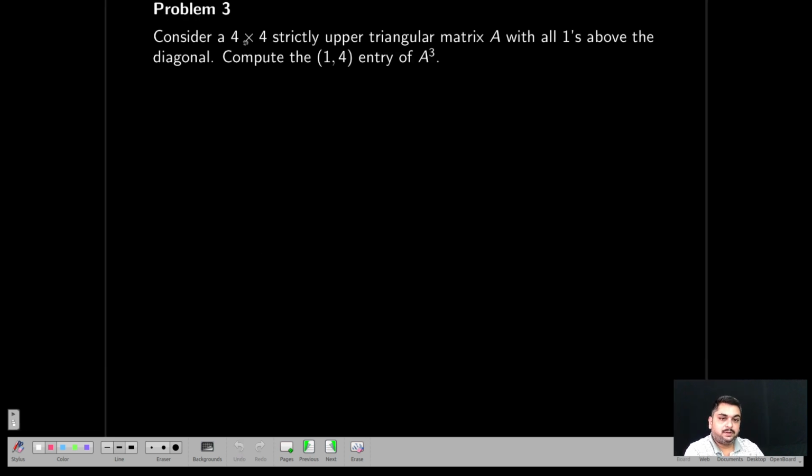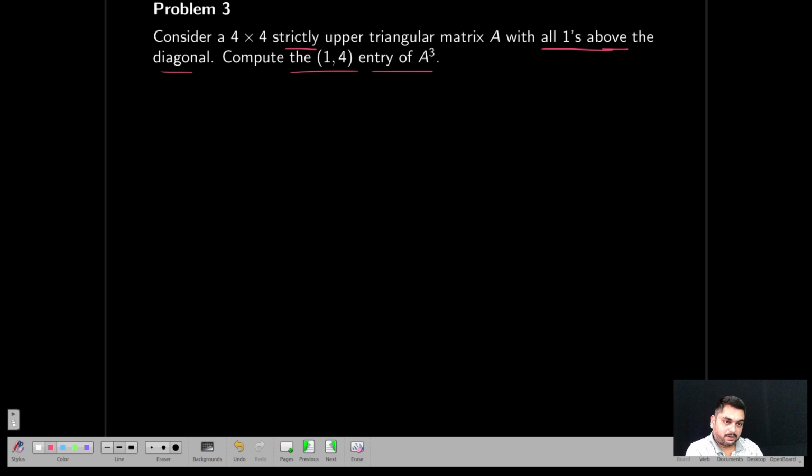Next, consider a 4 cross 4 strictly upper triangular matrix A with all ones above the diagonal. Compute the 1, 4 entry, I, j, of A cube.